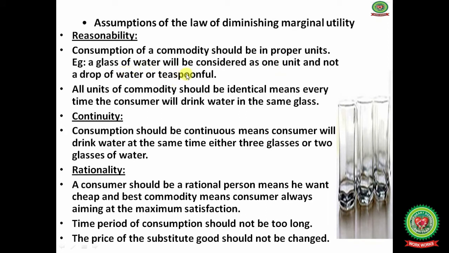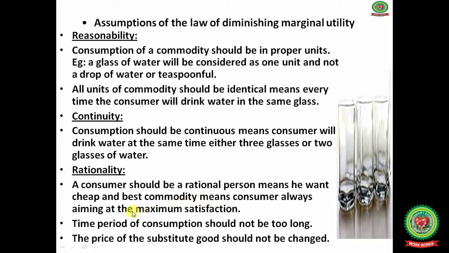Assumptions of the law of diminishing marginal utility. First one is reasonability. Consumption of a commodity should be in proper units. For example, a glass of water will be considered as 1 unit and not a drop of water or teaspoonful. All units of commodity should be identical, meaning every time the consumer will drink water in the same glass.